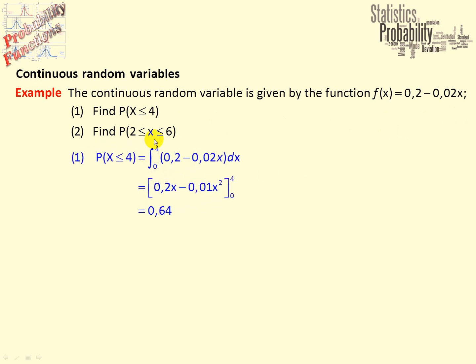So it's the integral from 0 to 4 of the probability density function. There's the function. Integrated, substitute. So 0.64. Probability between 2 and 6: we're going to do the integral from 2 to 6. Here it is. And we substitute, and there is the probability from 2 to 6.